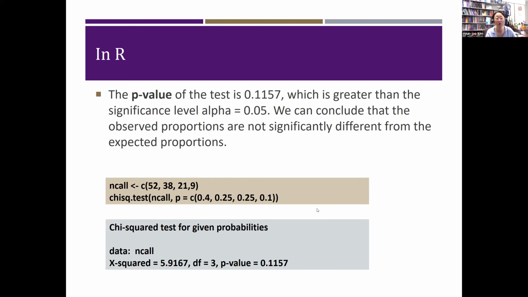Thus, we can conclude that the observed proportions are not significantly different from the expected proportions. There is no statistically significant evidence to say that the hotline category distribution is different from 40%, 25%, 25%, and 10%.